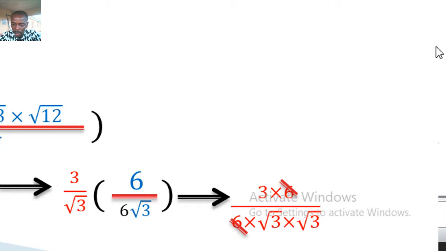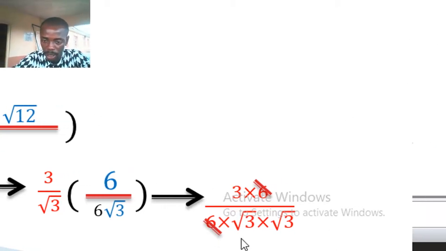So this is 6, simplifying 6, and this is also 3 here, and this is root 3 and root 3. Root 3 multiplied by root 3 in the denominator will give 3. So 3 and 3 can easily cancel each other out. Is that understood? Root 3 multiplied by root 3 is 3. Okay, and this is 3 up here. So I can easily say 3 cancels out 3 root 3.